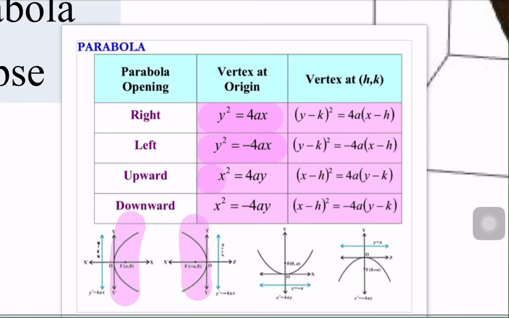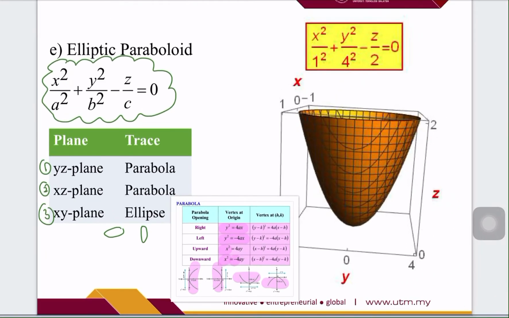When x squared, it will be upward. When x squared but negative, it will open downward. You should know this, the standard equation for the parabola. You need to remember it.